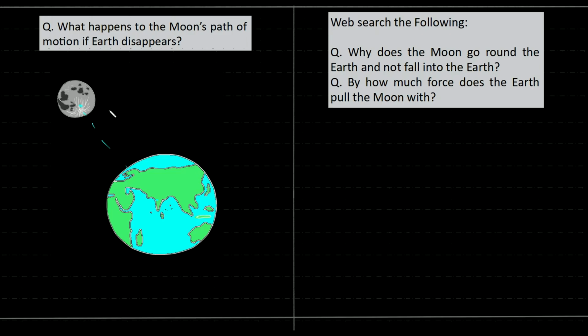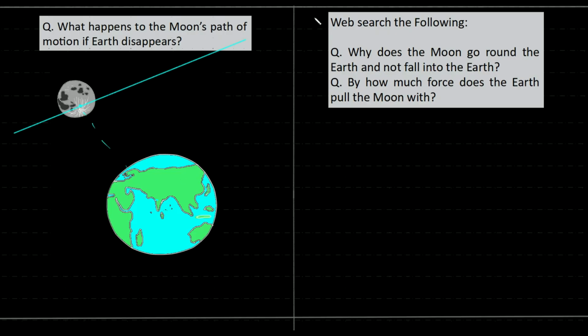If Earth disappears, what happens? The centripetal force disappears, and as we saw from the two experiments, it will take a tangential path. The moon will start going in a tangential manner. Of course, it will get influenced by other objects out there, from the sun to other planets and so forth. But in the simplest manner, this is your answer.